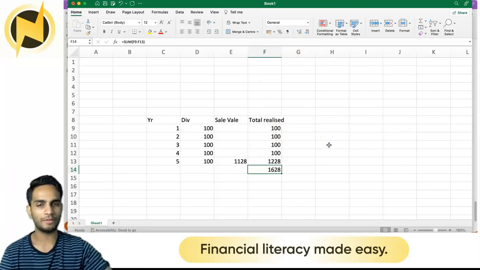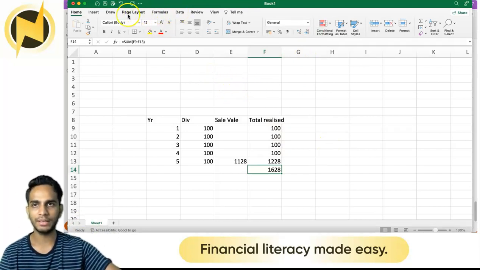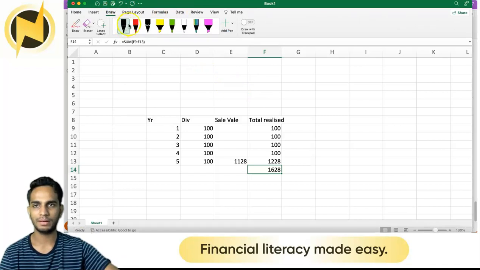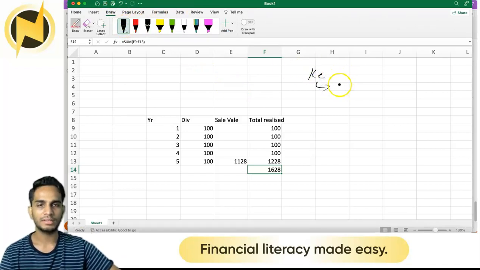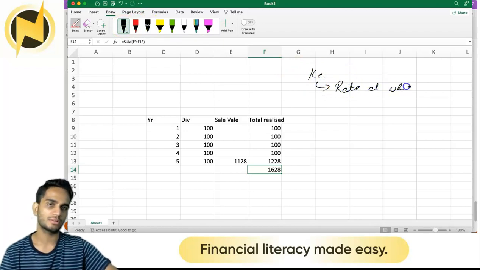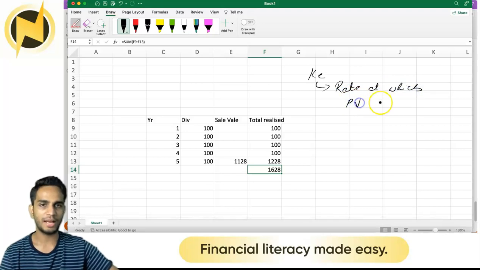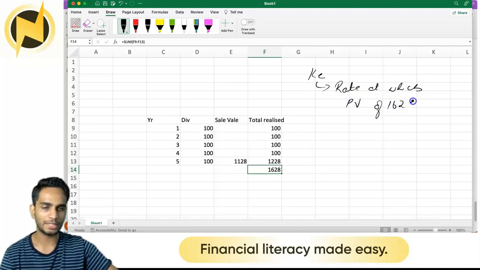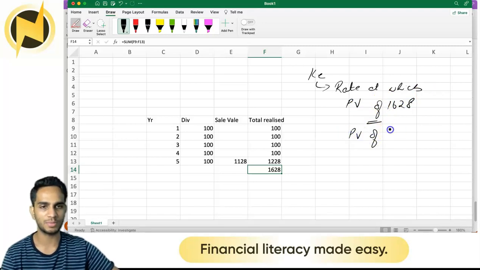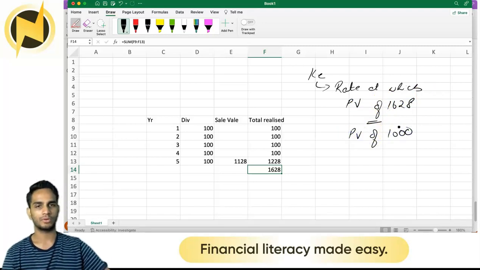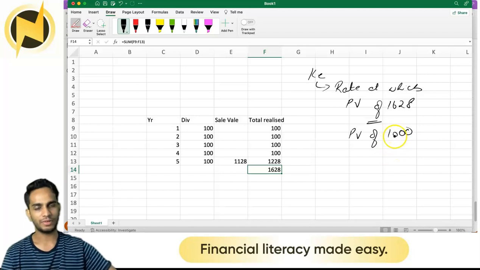My cost of equity will be the rate at which the present value of 1628, that's my total return, equals the present value of my investment. Investment is 1000 rupee share. So present value of investment is 1000 itself.